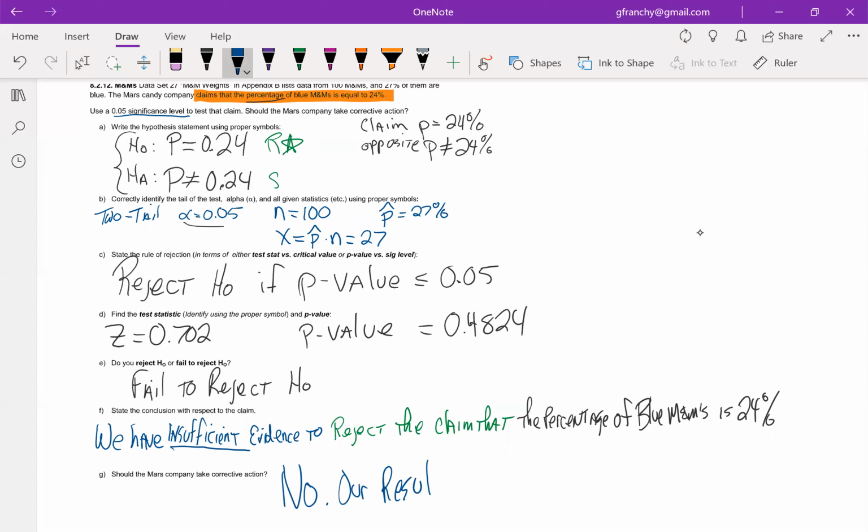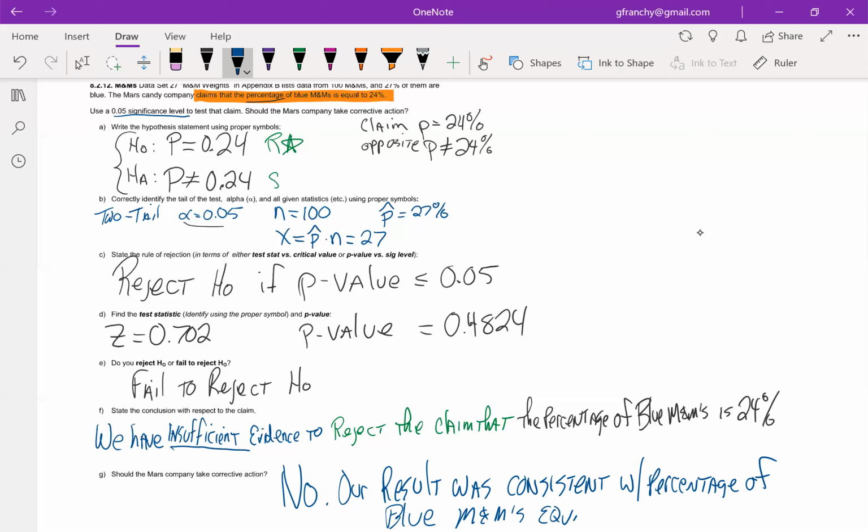Our result was consistent with the percentage of, that's a horrible B, sorry about that, blue M&Ms equaling 24%.